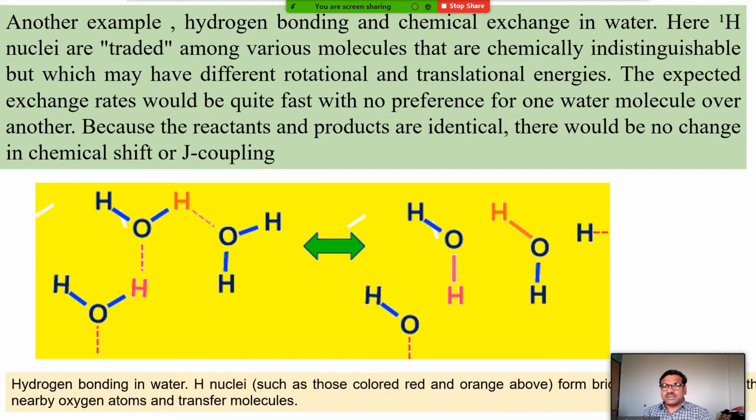The expected exchange rates would be quite fast, with no preference for one water molecule over another, because the reactant and products are identical. There would be no change in chemical shift or coupling constant J.